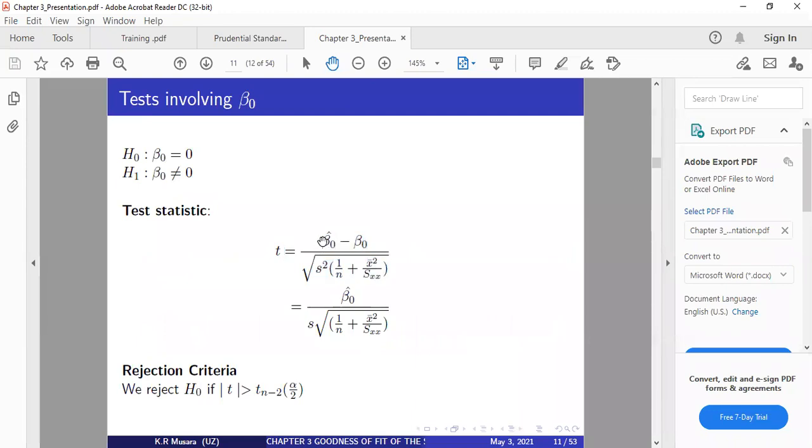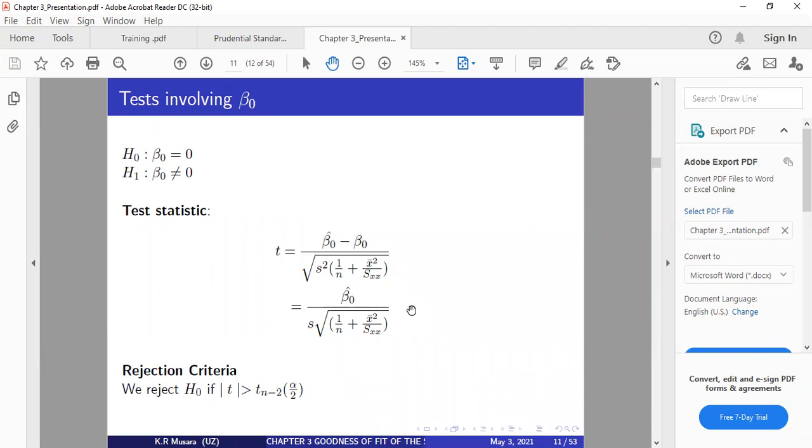So this is t equals beta naught hat minus beta naught over the square root of s squared times the bracket 1 over n plus x bar squared over Sxx. So this beta naught hat, be careful on how you write this. This is an estimate, this is a true parameter.